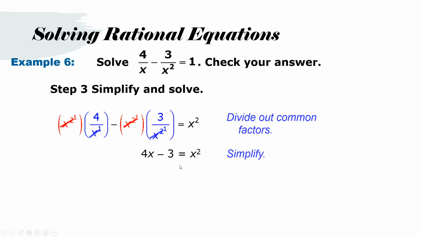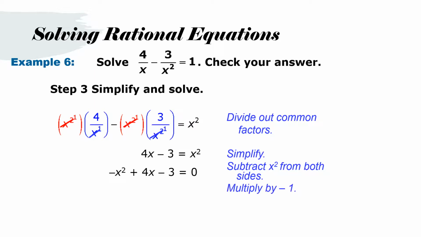Then simplify. Subtract both sides by x squared. So this is what happens. And then multiply by negative 1. What's the purpose of multiplying by negative 1? We want to make the x squared positive.